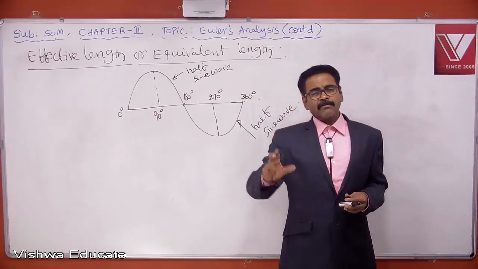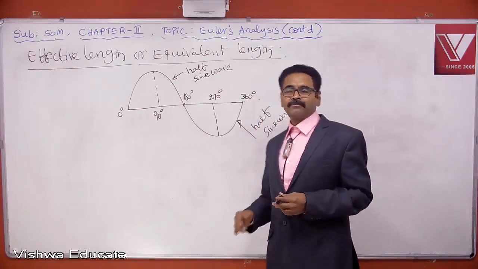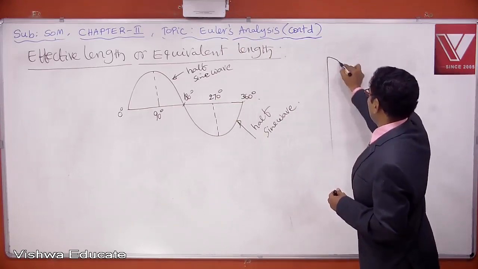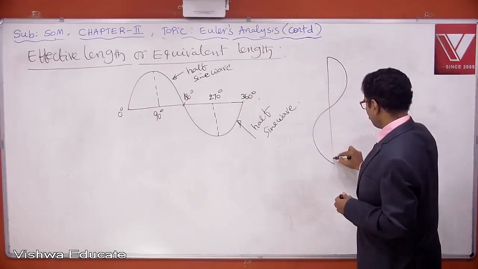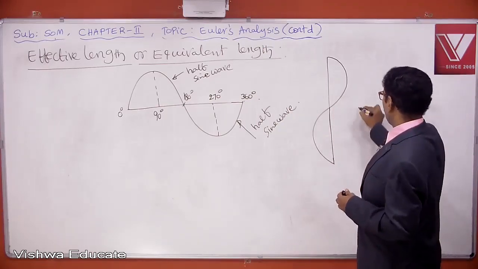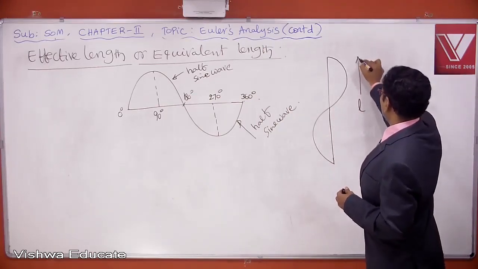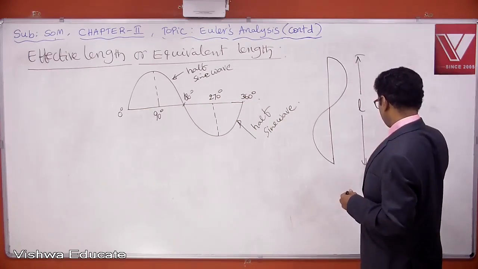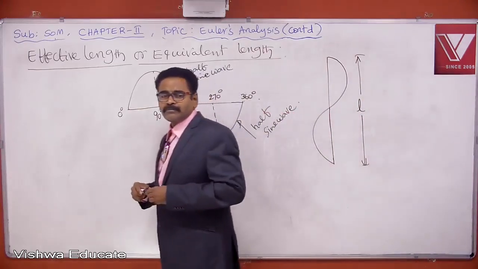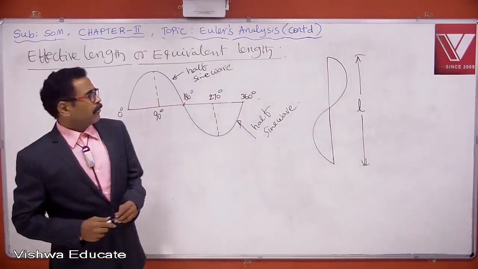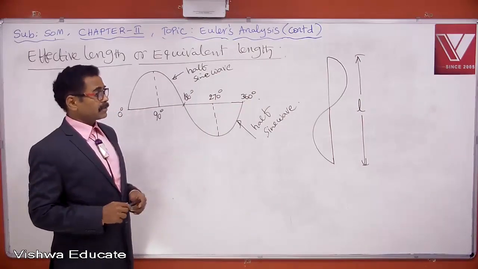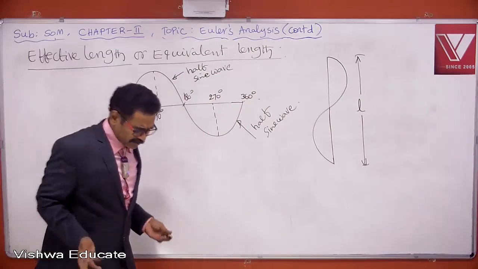So what is effective length? It is length of half of the sine wave. For instance, a column is buckling like this. The actual length of column is L. What is the effective length?